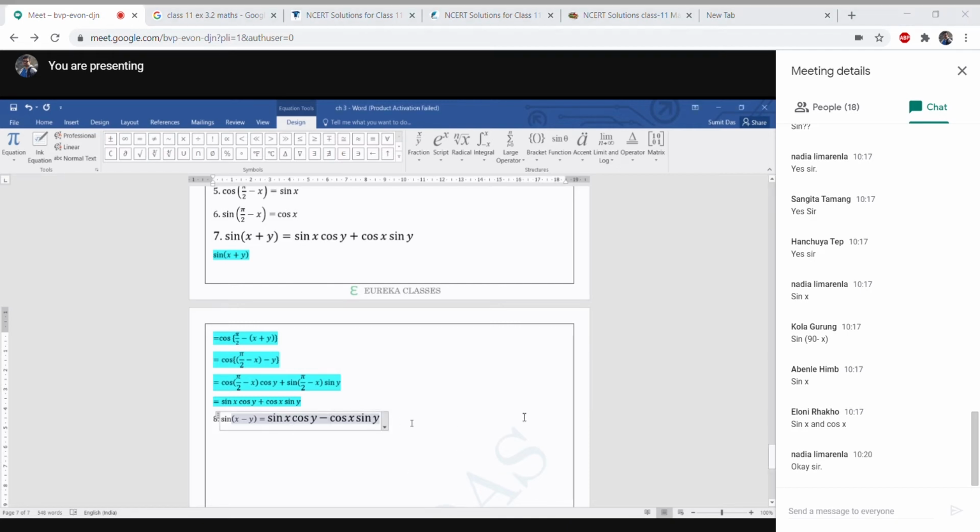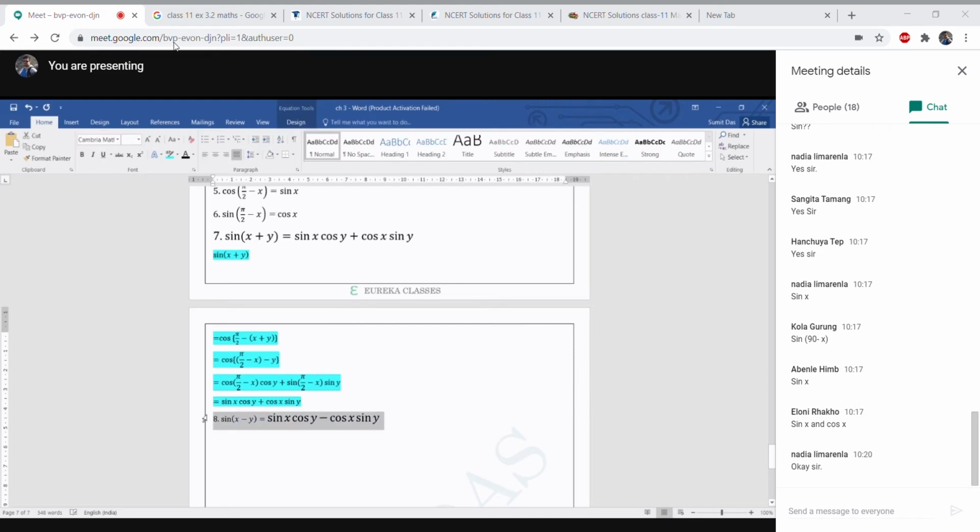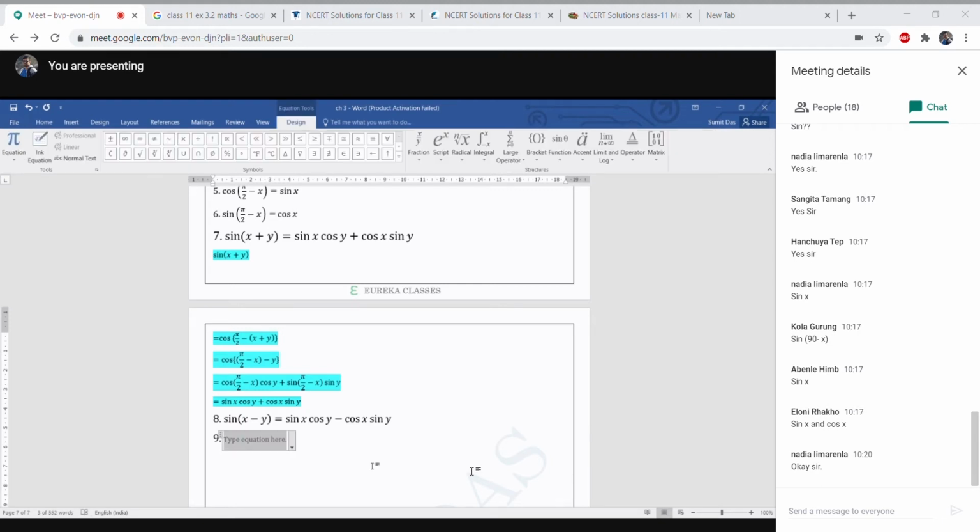This proof I'm not doing. You can do it by yourself. You can write it like this: sin(x plus minus y), and you can use the direct formula. Then you can see the result. Next few formulas are that sine.